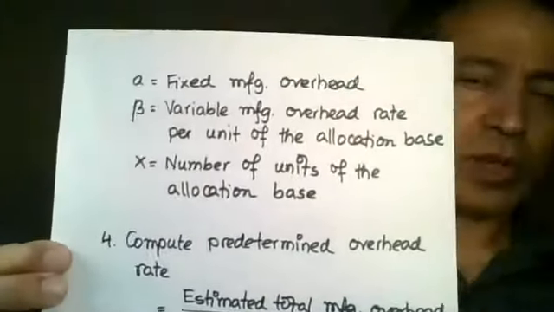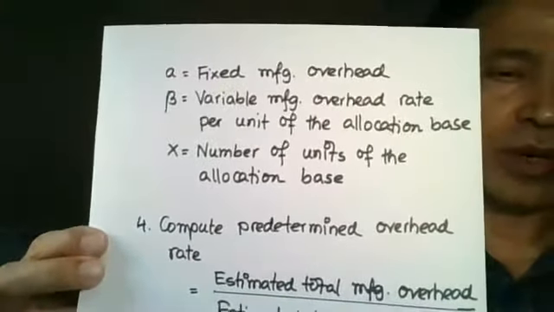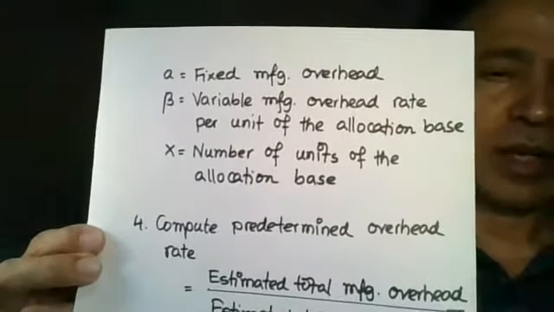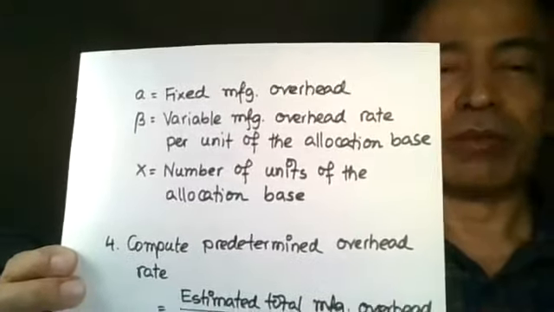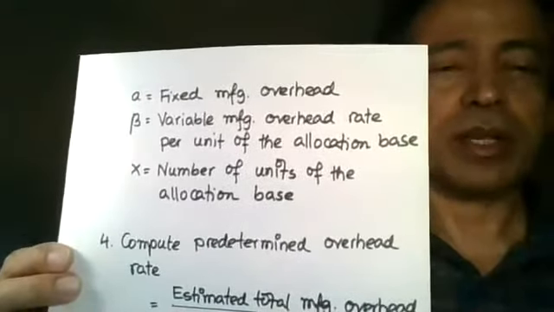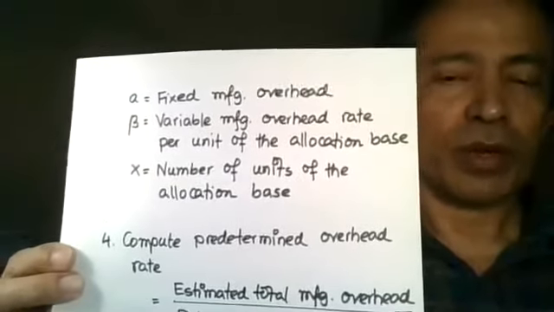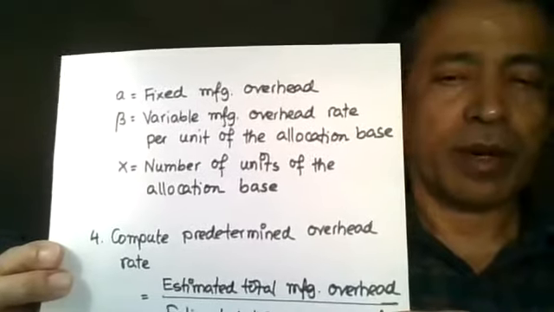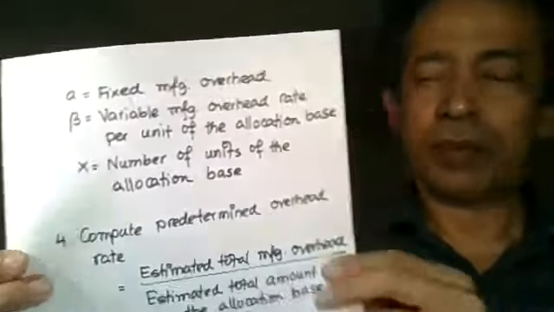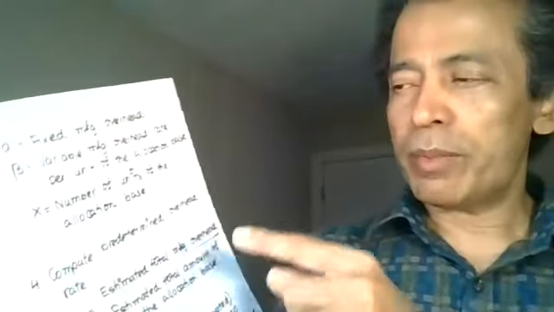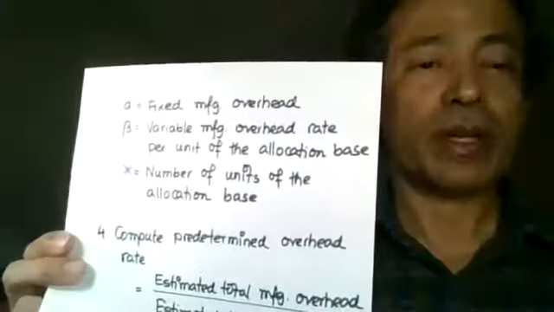So b is the variable manufacturing overhead rate per unit of the allocation base. So if that base is, say, machine hours or labor hours, then per hour, what is the per hour variable manufacturing overhead rate? And then x, or the third one, is the variable number of units of the allocation base that you're going to use.